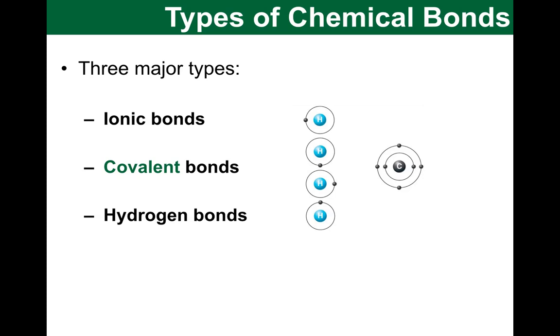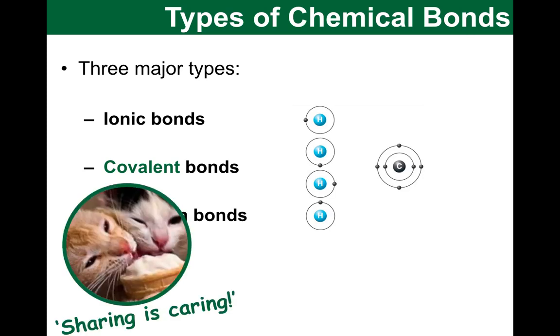And we also have 1 carbon atom, and we see from the diagram that it has 4 electrons on its outermost shell, so it would need 4 more to be happy. But in this case, no one is going to give or receive an electron fully. Instead, what happens now is sharing. After all, sharing is caring.